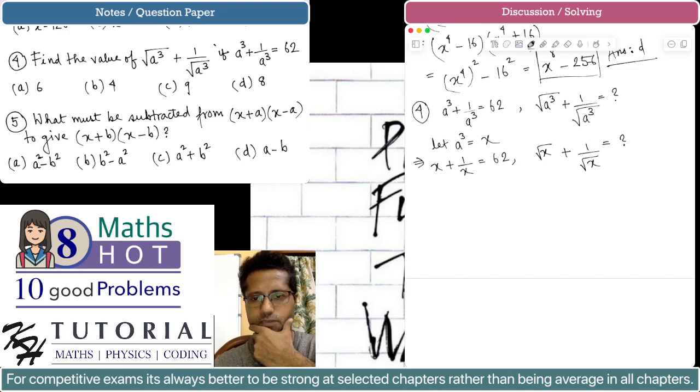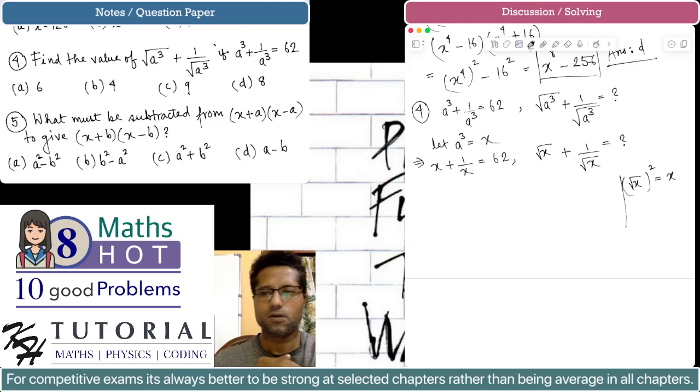Now we certainly know that x is the square of square root of x. So basically what is given is (square root of x) square plus (1 by square root of x) square is 62.